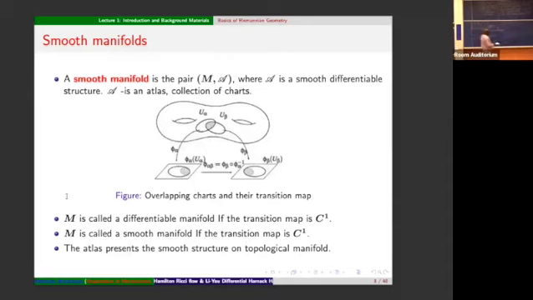I want to define a smooth map. I talk about a collection of charts, which is an atlas.